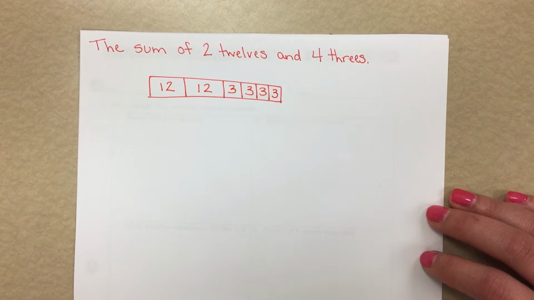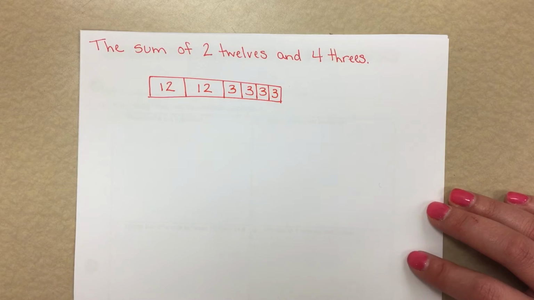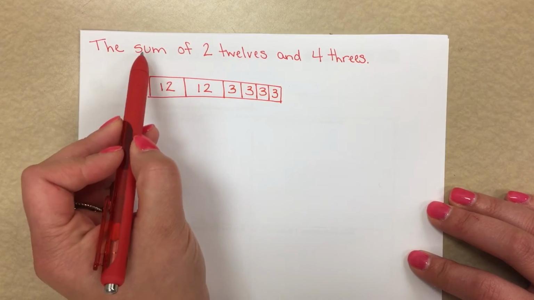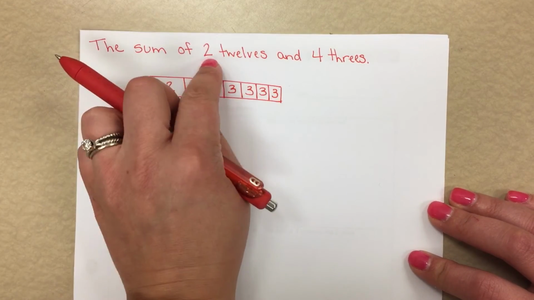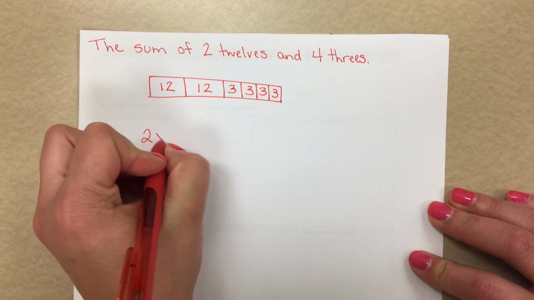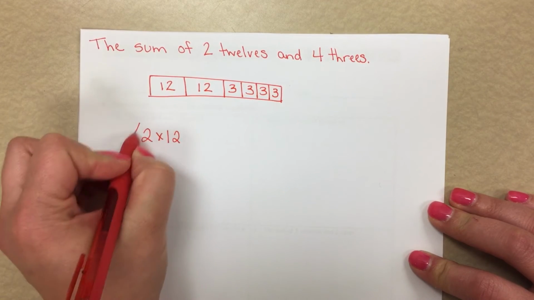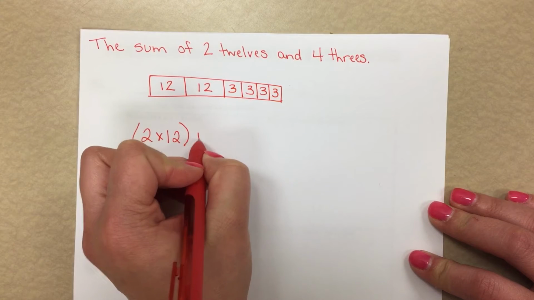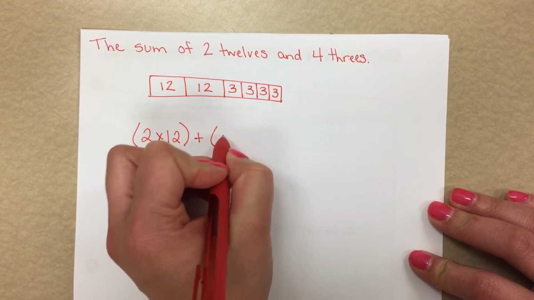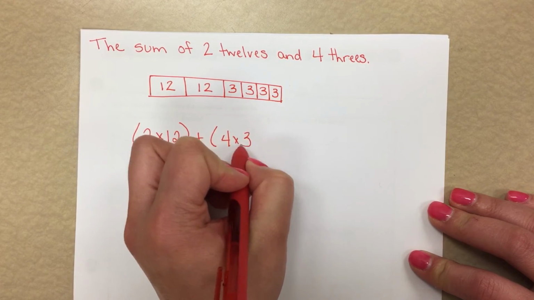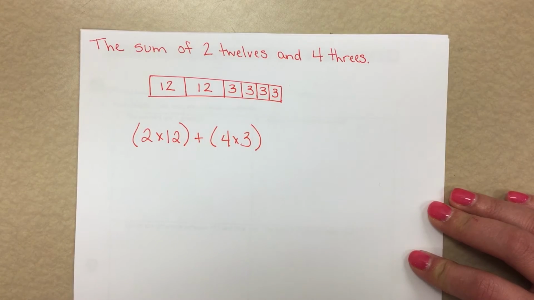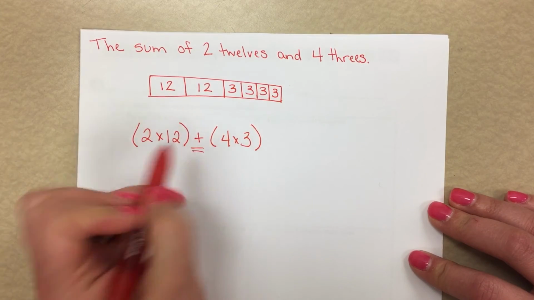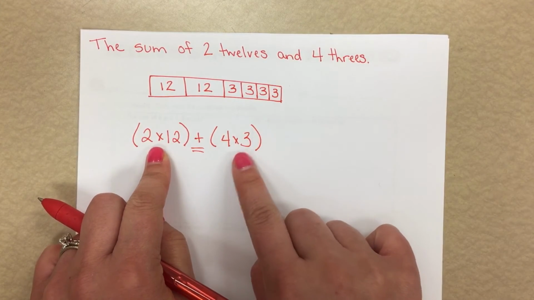Now, another way that I can do this problem is I can say the sum of 2 12s, and 4 3s. So the sum right here of 2 12s and 4 3s.